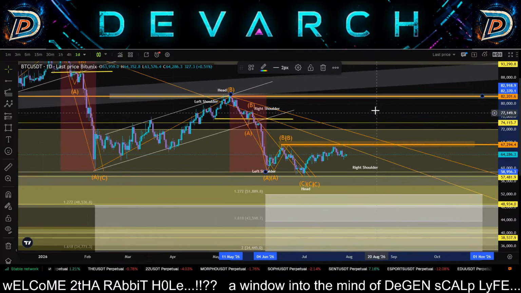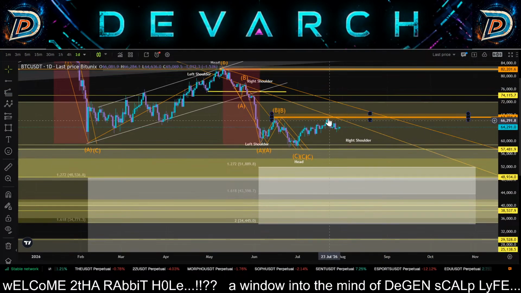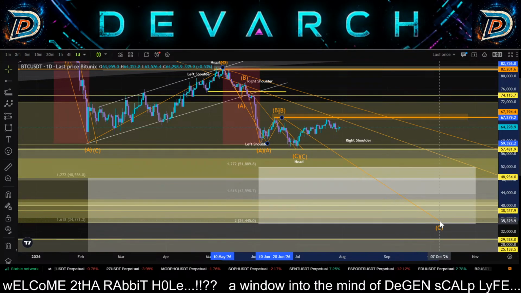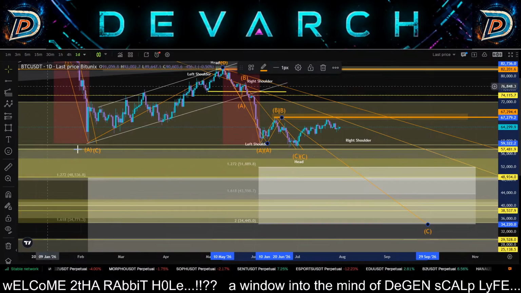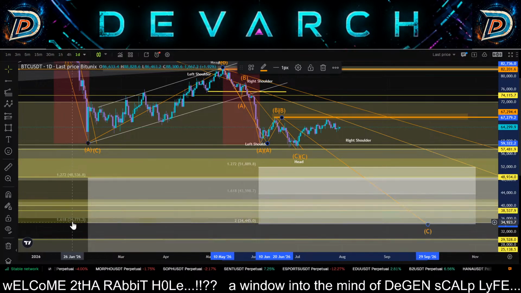And what that does is it's giving me the wave projections for the C wave. So let's click down here, and you can also see that it's lining up with the weekly larger C wave extension, the 1.618 right here.